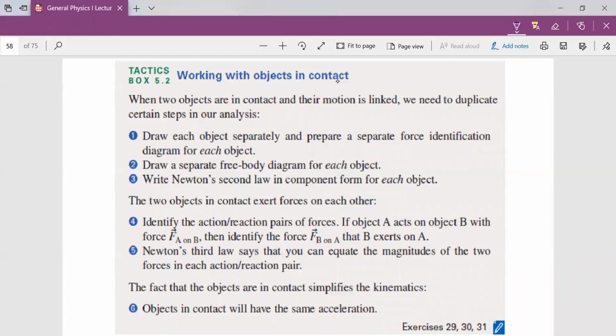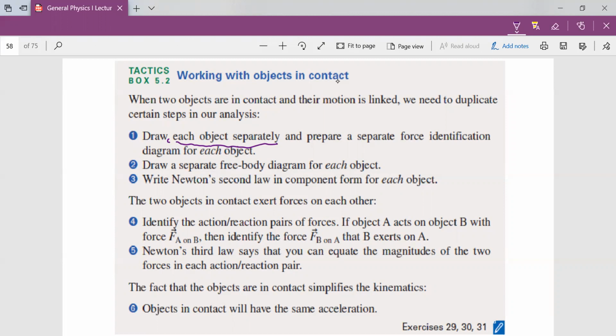Okay, so the first thing we'll do is to draw each object separately. Yes, the description of the interaction will show clearly that these two objects are interacting with one another or in contact, physical contact.